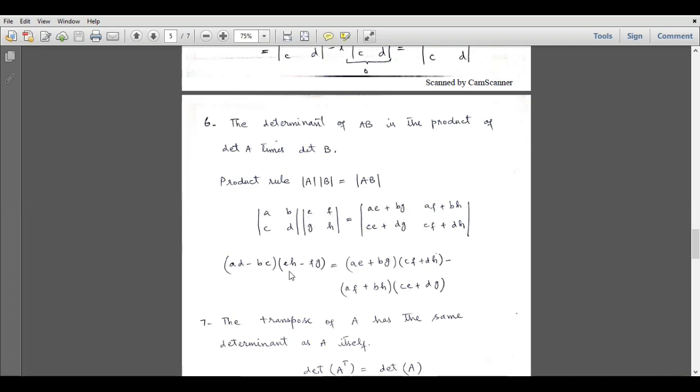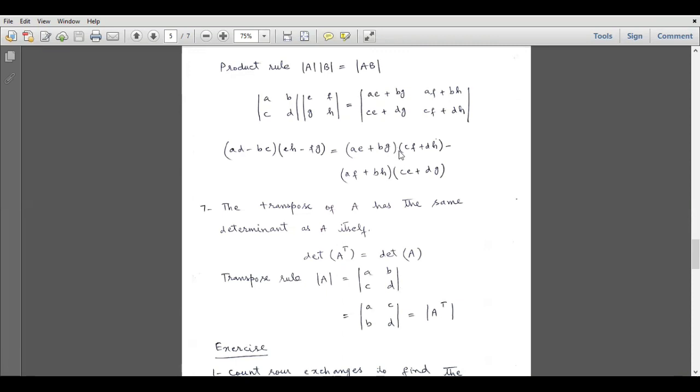After doing some simplification, we can simplify these two terms which are multiplied together, and also these two terms minus these two terms. Then we will see that some terms cancel out with each other, and at the end the left hand side will be equal to the right hand side. So you can do this derivation by yourself.